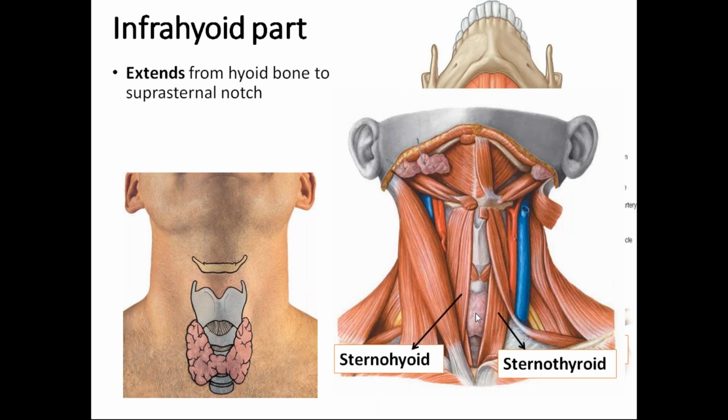Both these muscles are infrahyoid muscles. You can see the sternohyoid muscle superficially, and after removing the sternohyoid, you can see the sternothyroid muscle. Lateral to the sternohyoid muscle will be the omohyoid muscle. This muscle is the omohyoid muscle. Okay, I think you are clear about the infrahyoid part.